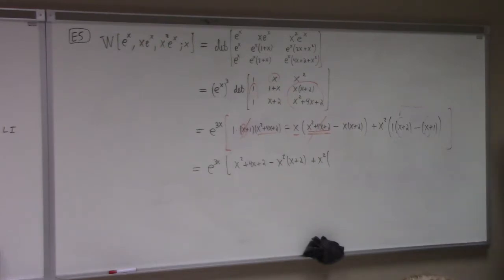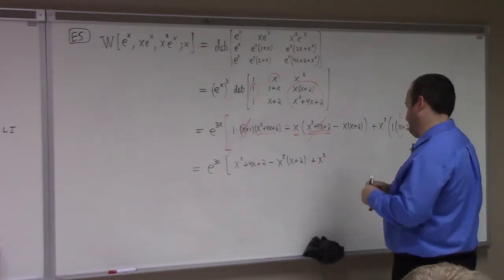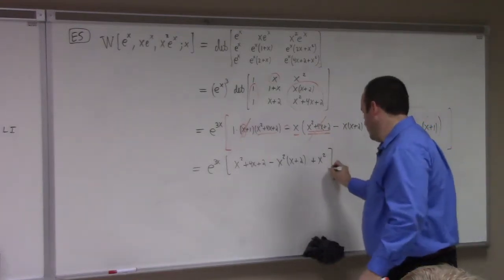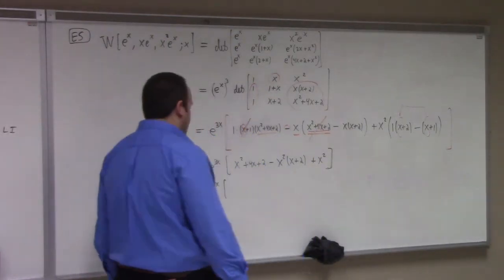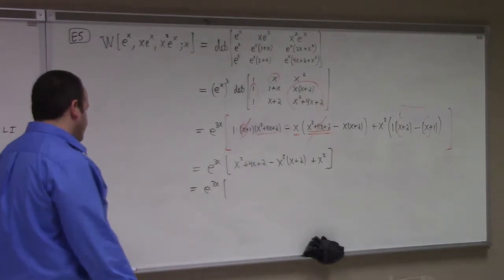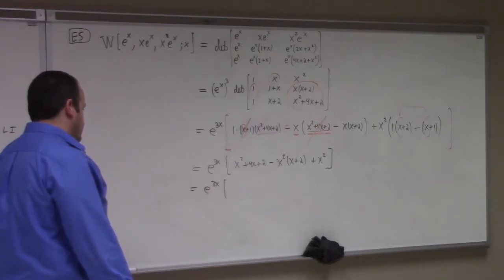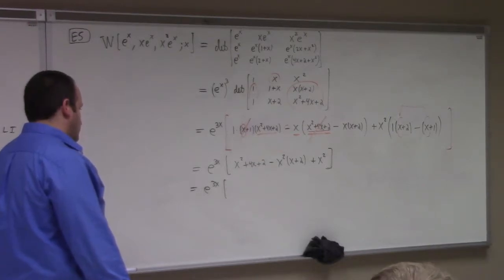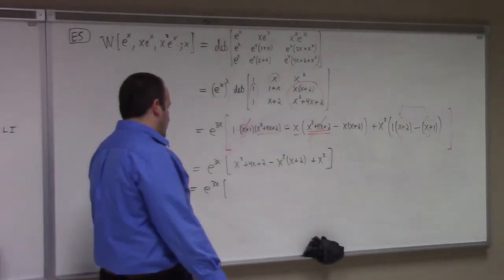2 minus, hey, that's just x squared. So what we got? e to the 3x. Looks like the x squareds cancel, don't they? So x squared's gone.